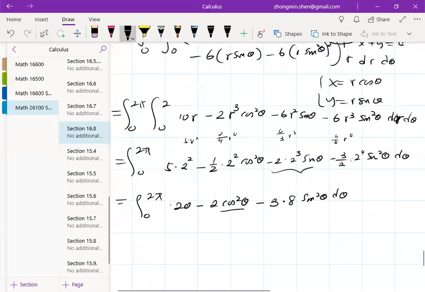Right, so cosine squared theta is going to be half of 1 plus cosine 2 theta. Then you can ignore the cosine 2 theta because the integral of cosine 2 theta from 0 to 2 pi is going to be 0.